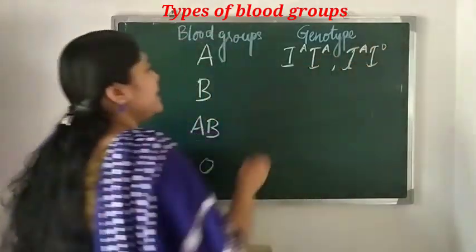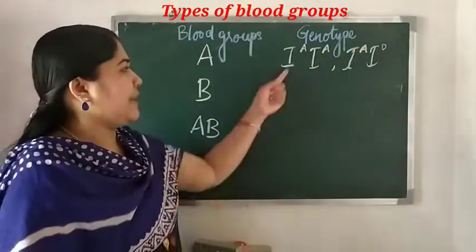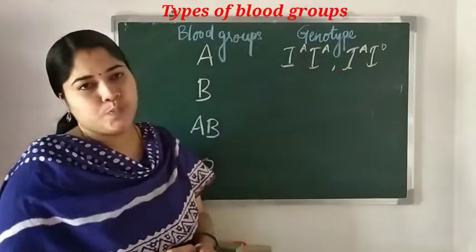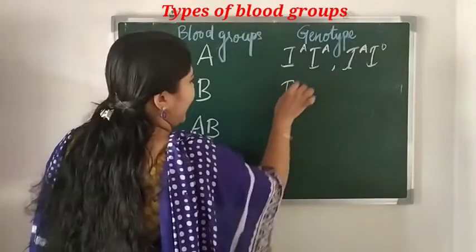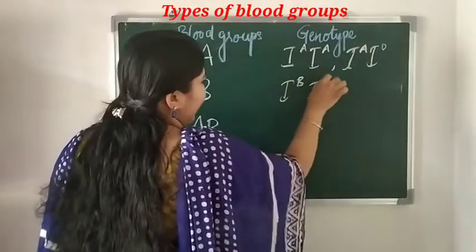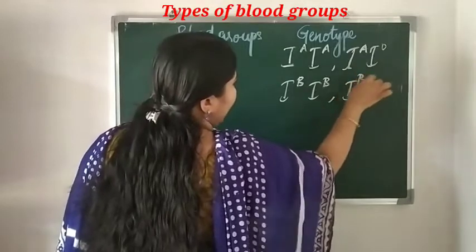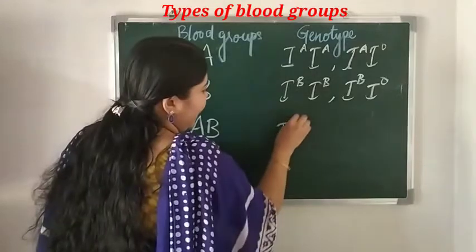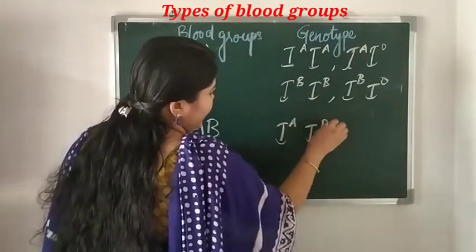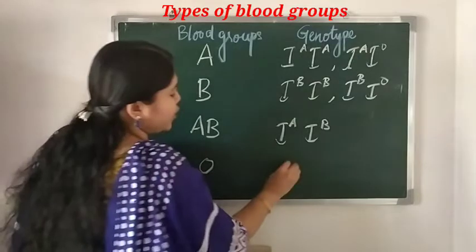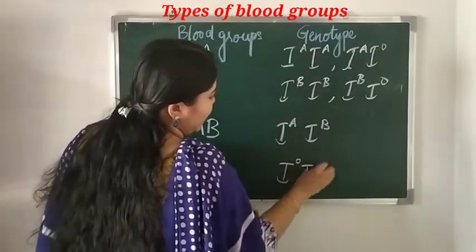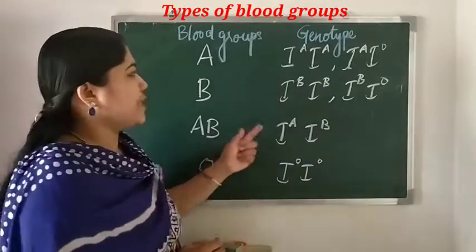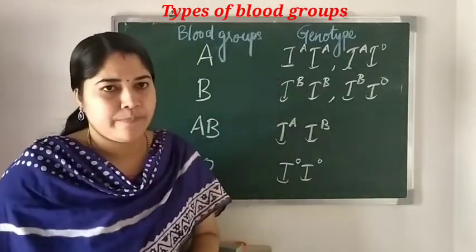Often we represent the inheritance of blood group with the letter I, and the blood group is written as a superscript, A here, so A and O. In the same way, blood group B is IB IB or IB IO. A person with blood group AB is IA IB, and a person with blood group O is IO IO. In this way, we represent the different blood groups with their corresponding genotypes.